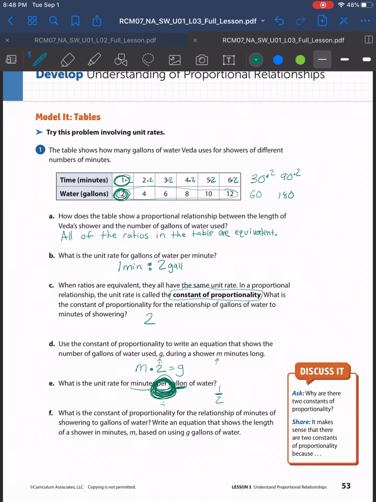What is the constant of proportionality for the relationship of minutes of showering to gallons of water? Write an equation that shows the length of a shower in minutes based on using G gallons of water. So if I use my unit rate that I just found, I could say my unit rate 1/2 times G equals our minutes.